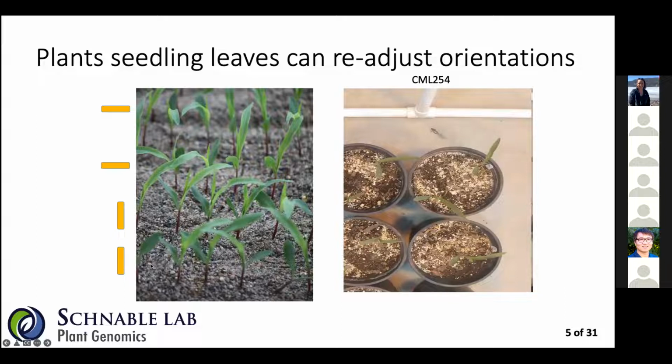After germination, in the lower two rows, all the leaves are oriented in the same direction as the row direction. And in the top two rows, the leaves show orientation perpendicular to the row direction.